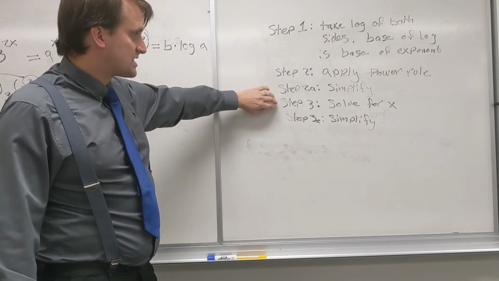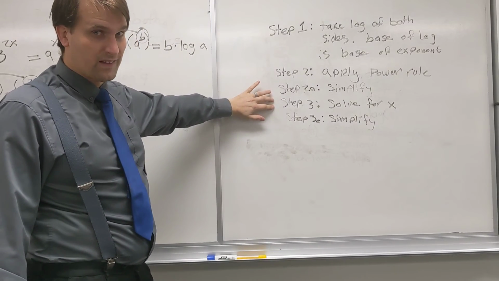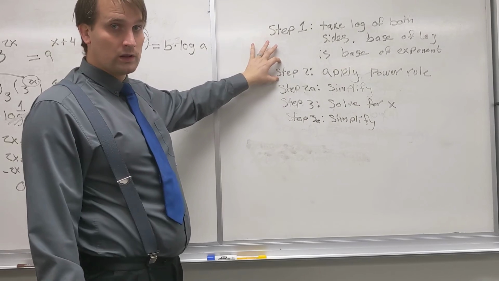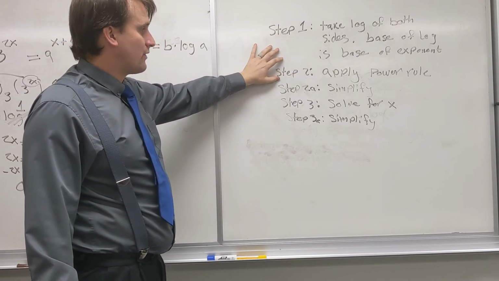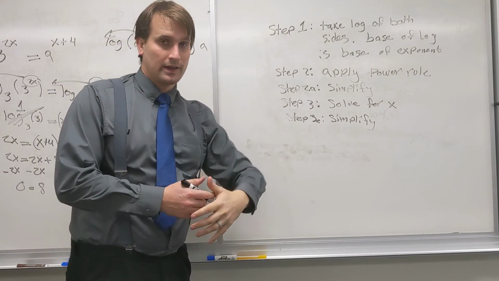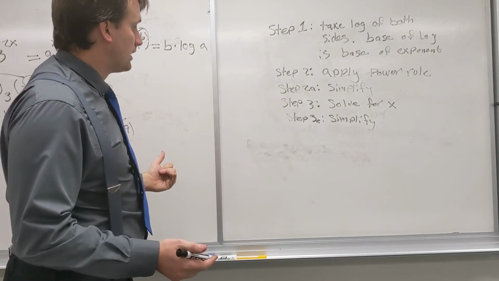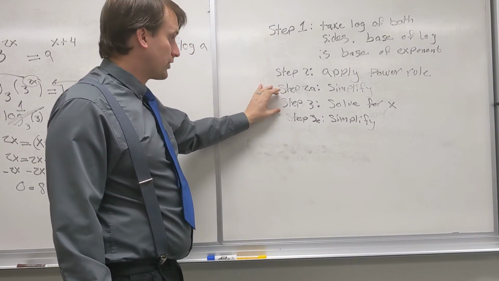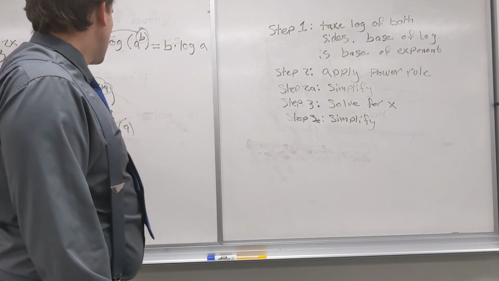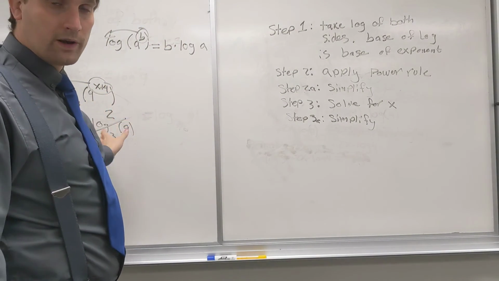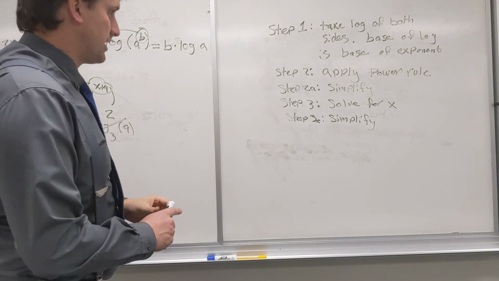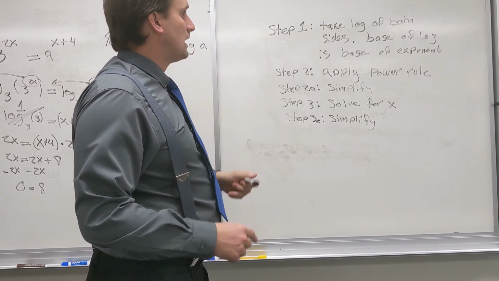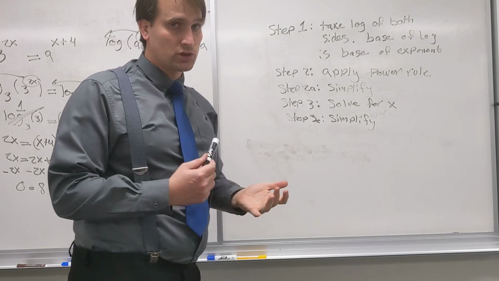So I know this is kind of saying a lot with very little, the solve for x part, but once we apply the power rule, usually we're going to wind up having a linear equation, right? A linear equation is what we solve in Algebra 1. So we should be able to do step 3. It's going to be familiar to us once we recognize that a logarithm is just a number when it's already got its inputs put in for us. So these are the steps that we're going to take to solve exponential equations.